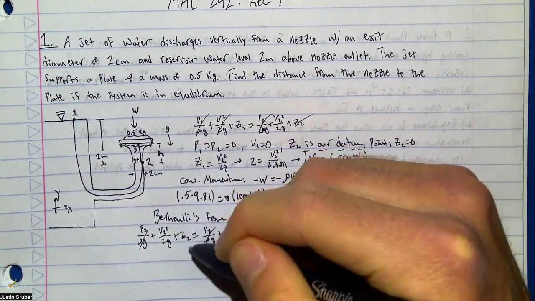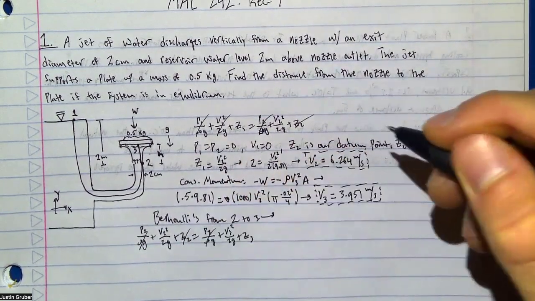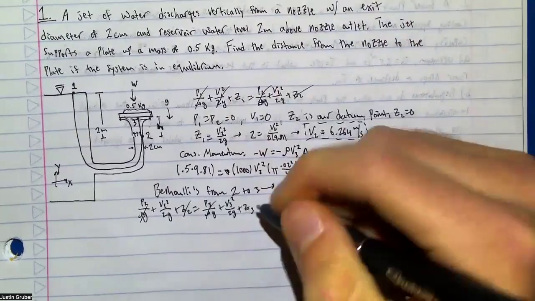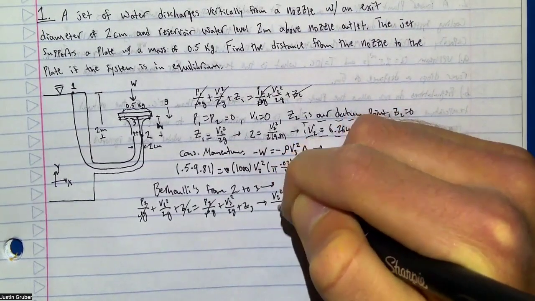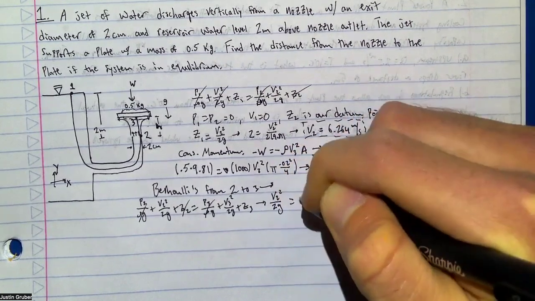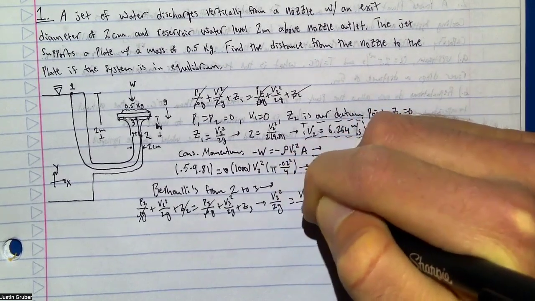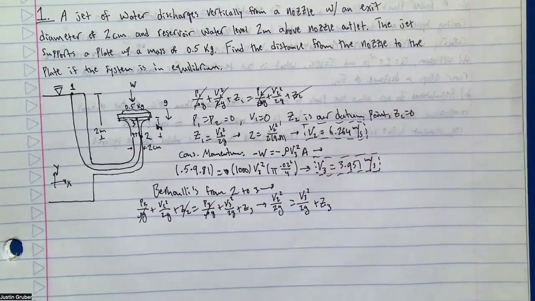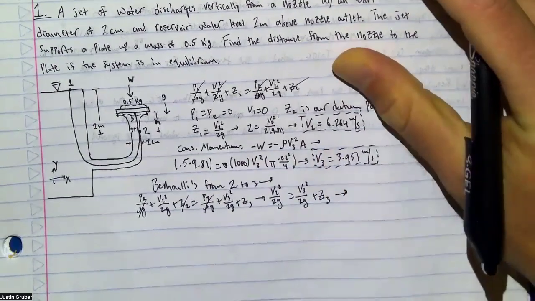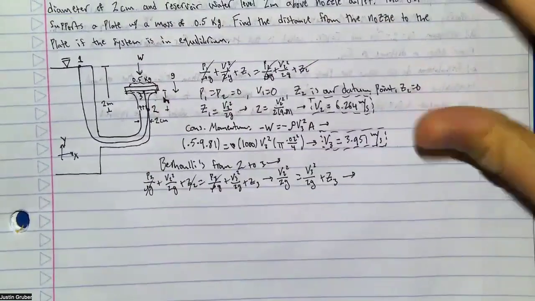Z2, we can call that our datum point, so that goes away. And now we're just left with a bunch of stuff we already know. So we're left with V2 squared over 2g equals V3 squared over 2g plus Z3, which is the height we're solving for.